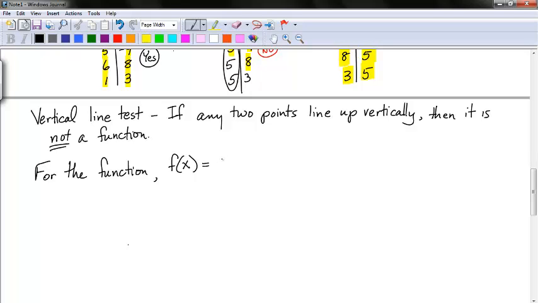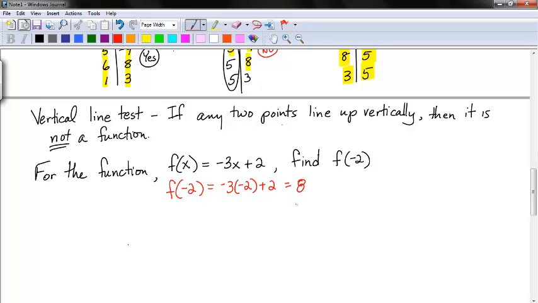If they give you a formula, this one's going to be -3x plus 2, and let's say they ask you to find f of -2. All that really means is everywhere you see an x, you substitute in -2. So f of -2 would be -3 times -2 plus 2, and that ends up being 8.